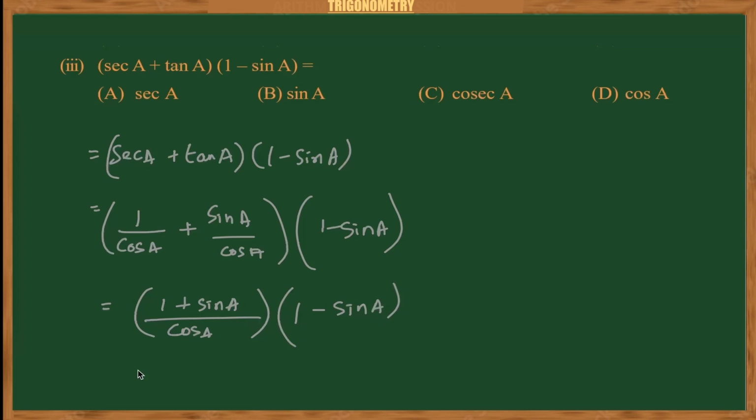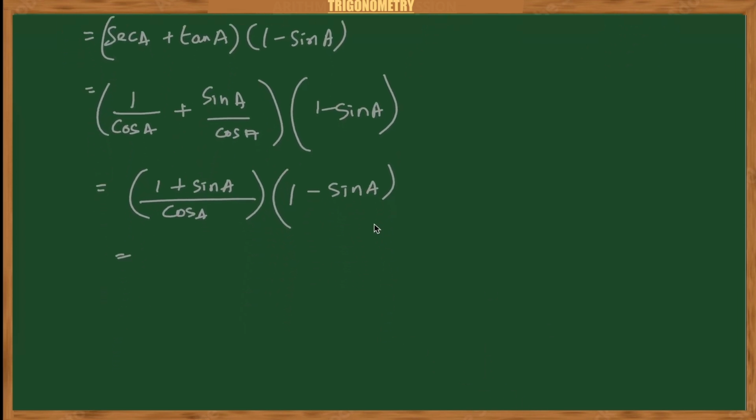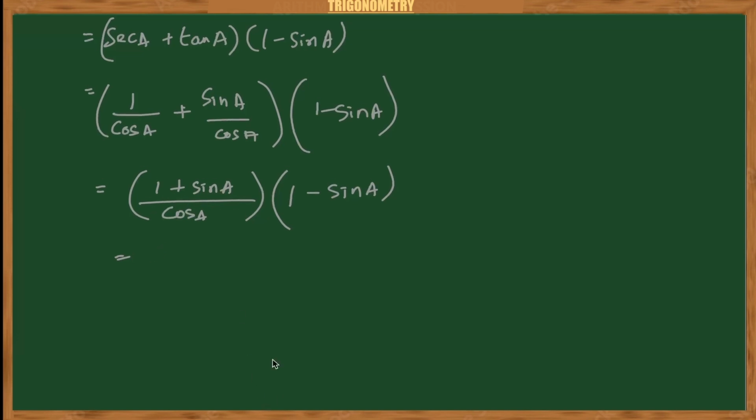Let's move further. Over here we can see this is the denominator, and this is represented as 1 here, right? So 1 plus sin A into 1 minus sin A divided by cos A. Can you relate this one?